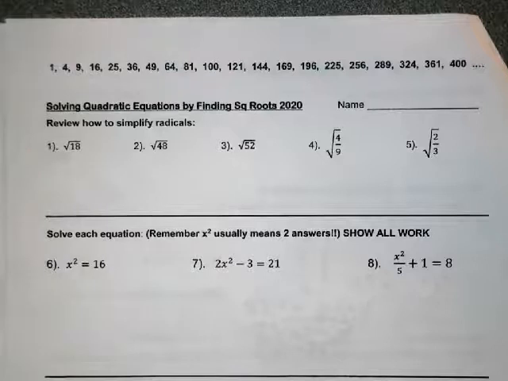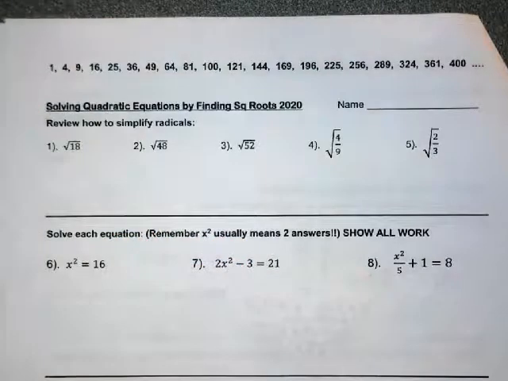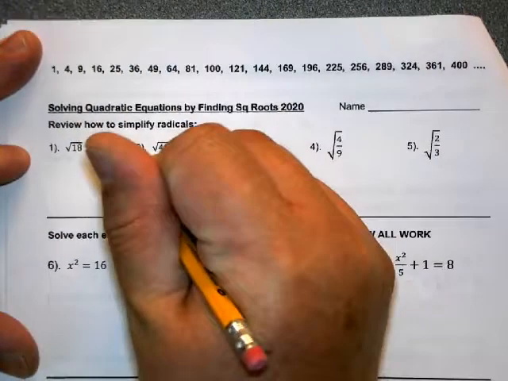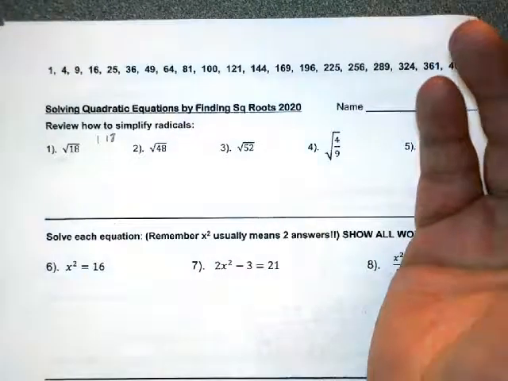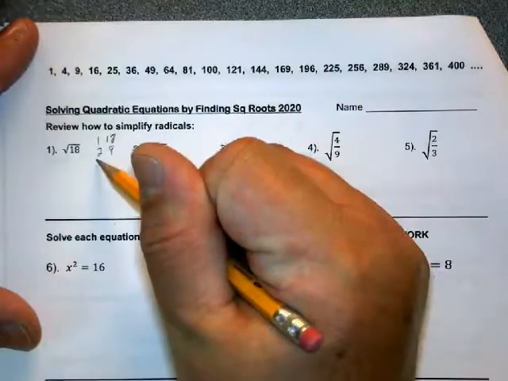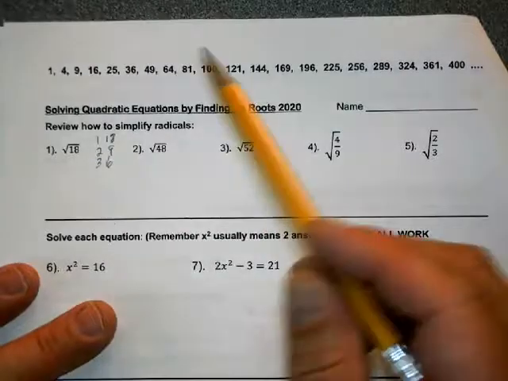Okay? Now, 18 is not too bad because the factors of 18, and this is why we spend so much time with factors. Okay? The factors of 18: 1 times 18, well, that's not going to really help us simplify, right? 2 times 9 and 3 times 6. Those are my factors, right?